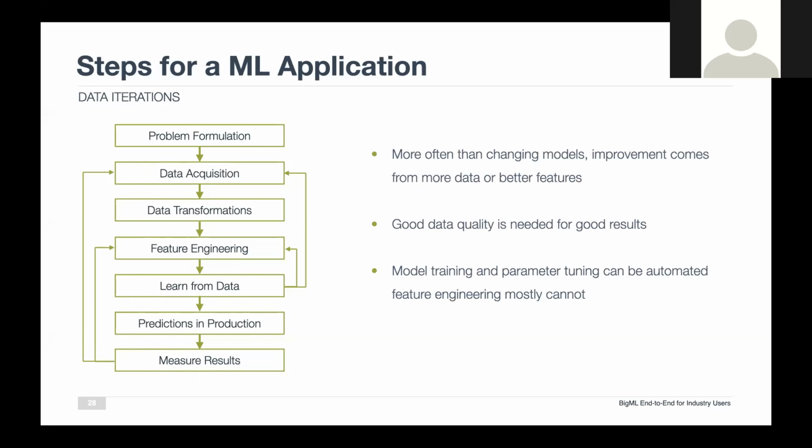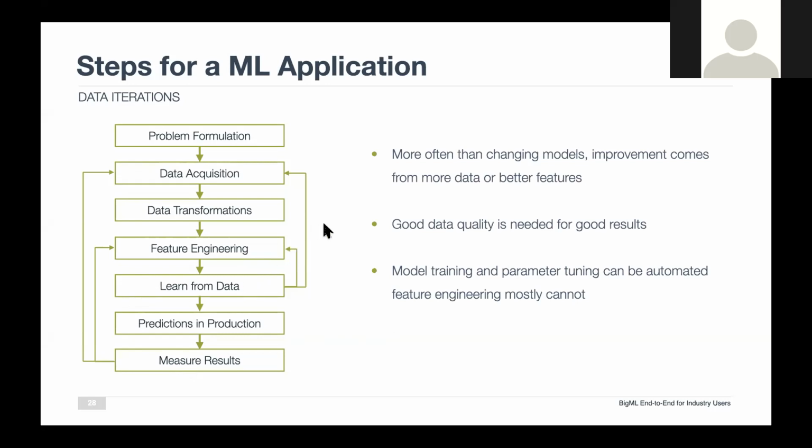So machine learning is iterative, and we need to remember that feature engineering is probably the most relevant of those steps for better model performance. The better the features I get, the more impact they will have on performance than probably changing the models.